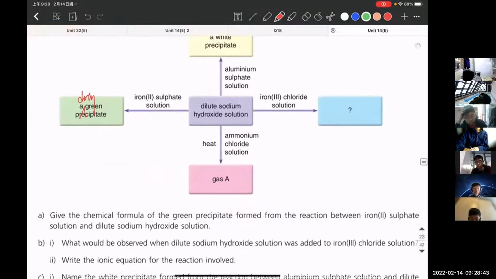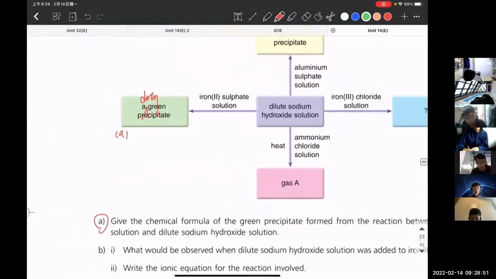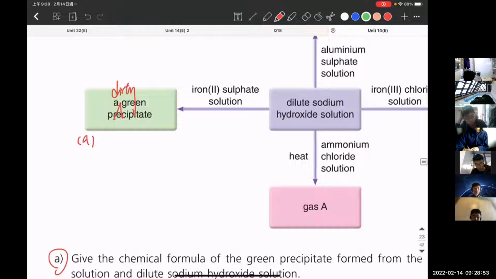What is the chemical formula for part A? Yes, it's iron(II) hydroxide, Fe(OH)2.